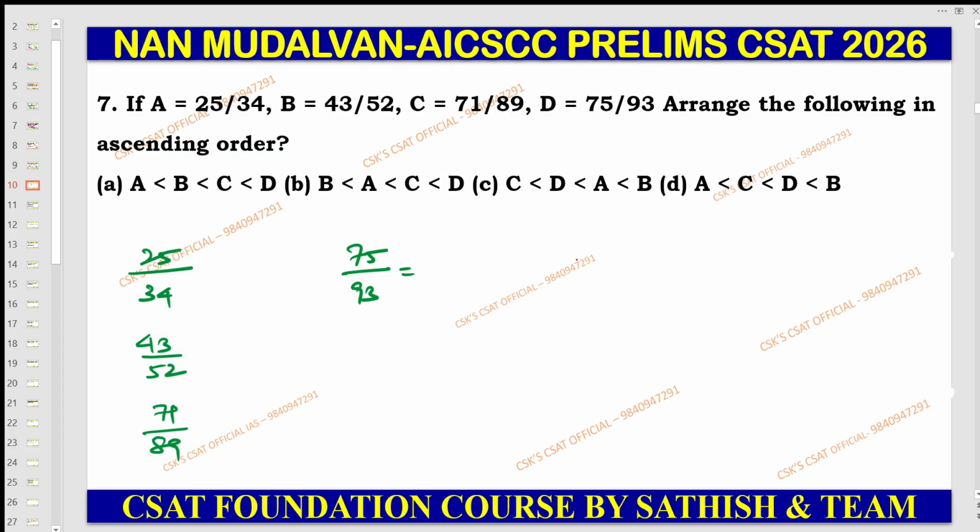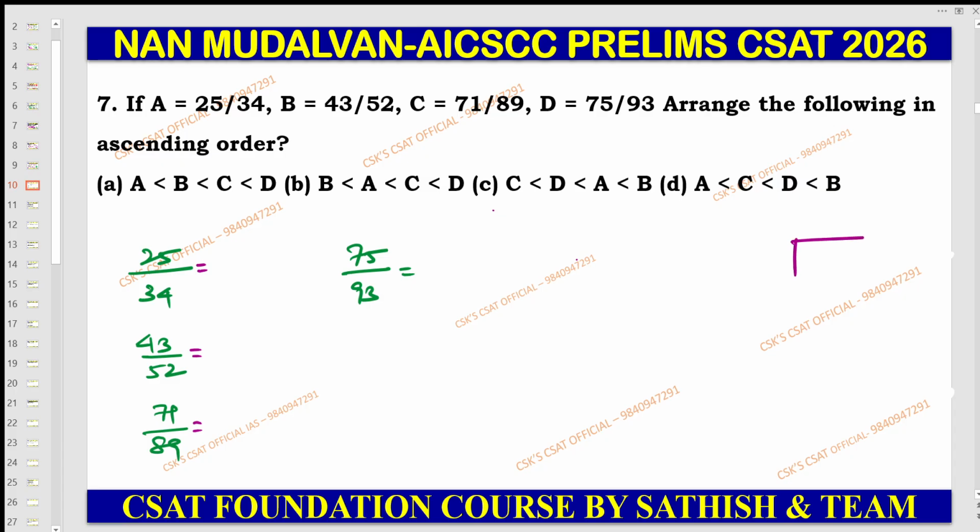But here, in all the cases, the denominators are very huge numbers, quite difficult to take an LCM. In this case, I know basic mathematics, sir. I do not know any shortcut, sir. Please understand, if that situation happens, what will we do in the examination, that alone you need to learn, right? If you are practicing the shortcuts, you can apply them. But if you do not know the shortcut, what will you do? You know the basic maths, right?